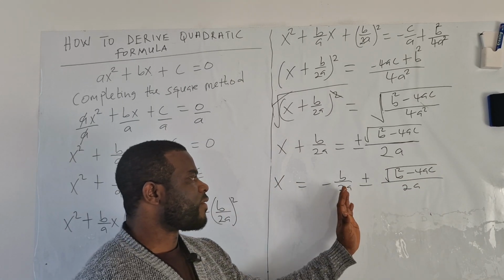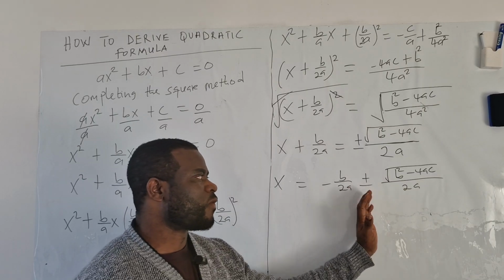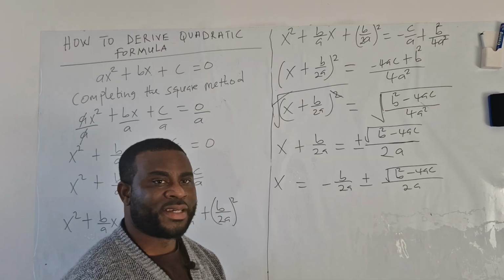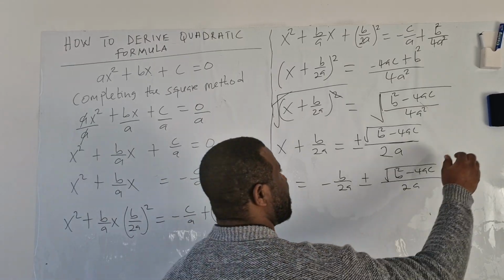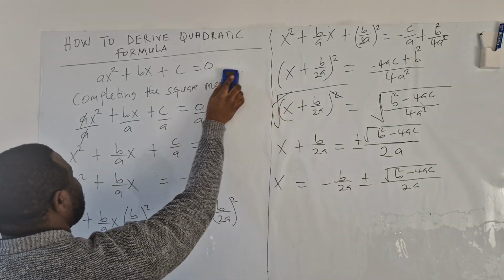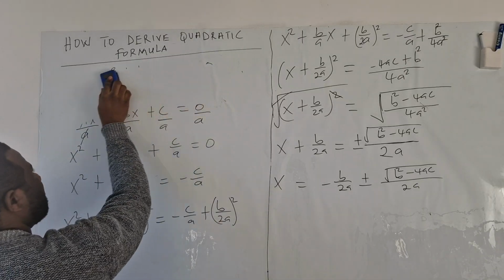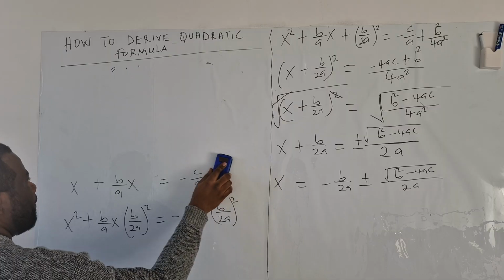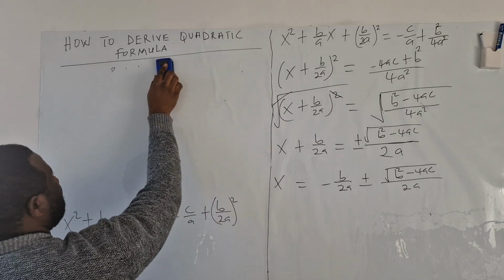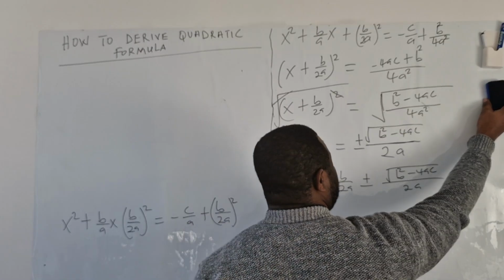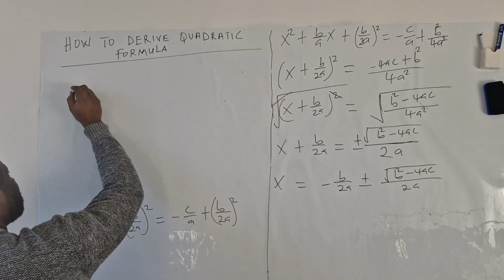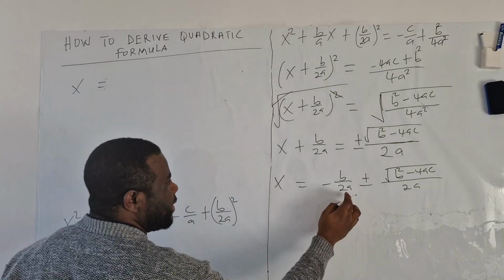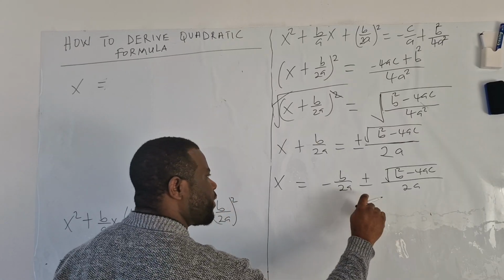We have addition and subtraction of two fractions here. So let's simplify these two fractions by finding the LCM. So we have x equal to, find the LCM between this fraction and that fraction.